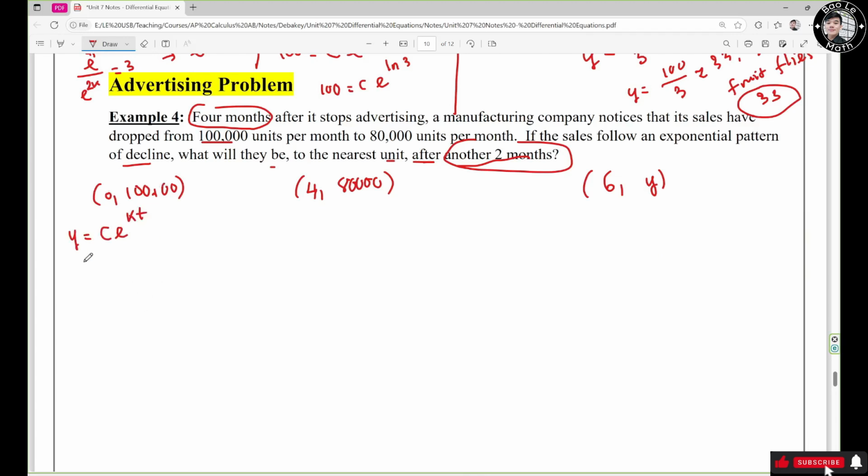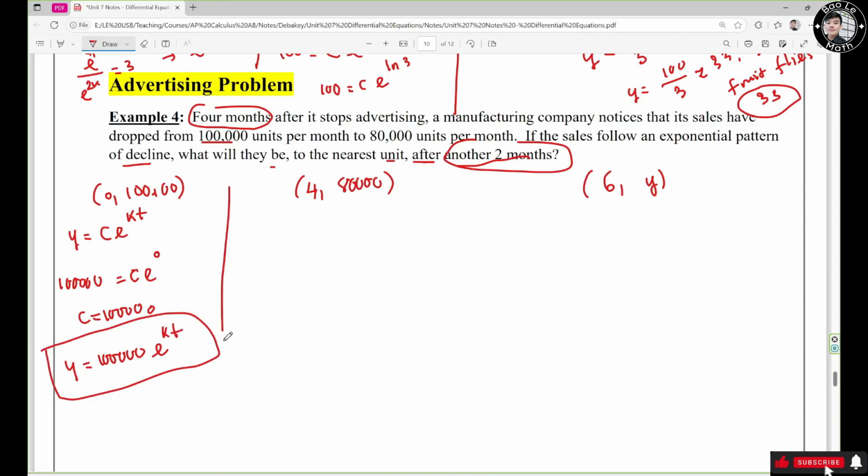Substitute t and y, so it could be 100,000 equals c times e raised to the 0, right? So c equals 100,000. So you have the equation y equals 100,000 times e raised to the k times t, right?